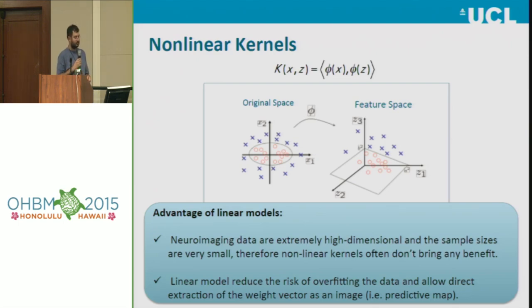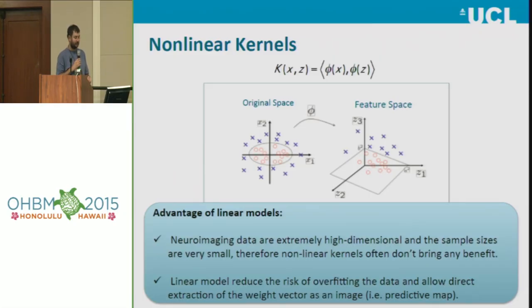But you can see that there's no line that's going to separate the two classes. It's an oval shape that you would use to distinguish between them. So the nonlinear kernel will take the original features and project them into a higher dimensional space, a new feature space on the right. And in that new feature space, you can indeed separate them with a hyperplane. So that's essentially the idea.